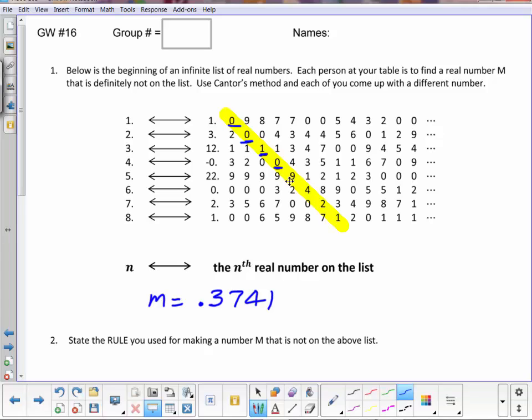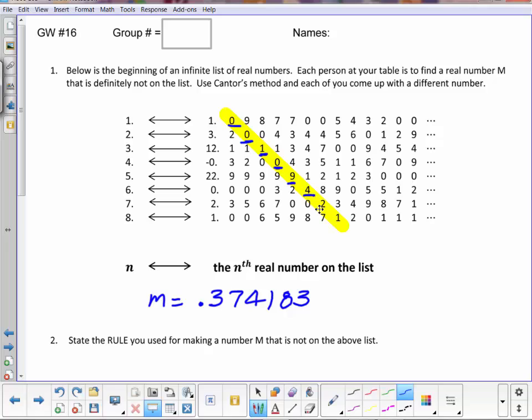I go to the fifth position of the fifth number. I note what's there, dodge it, and place it in the fifth position of my number M. I go to the sixth number, sixth position, note what is there, dodge it, and put it in the sixth position of my number.